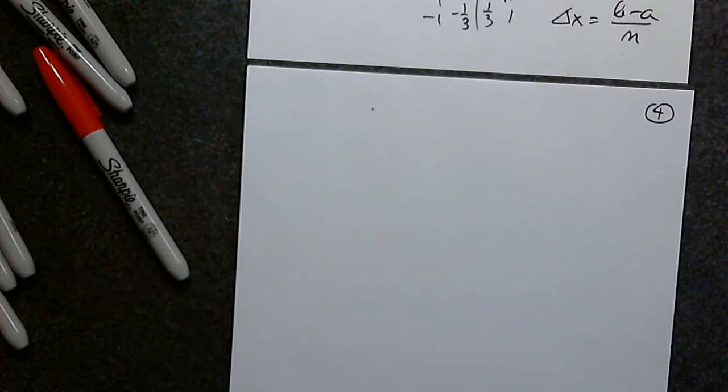So if you use the leftmost point, then you will have 0 times 10 plus f of 10 times 10 plus f of 20 times 10. If you use the rightmost point, you will have 10 multiplied by f of 10 plus 10 multiplied by f of 20 plus 10 multiplied by f of 30.